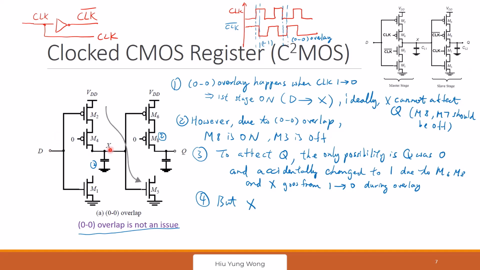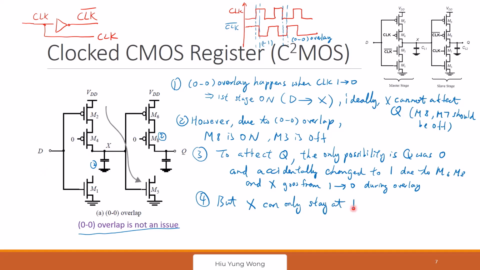If the data change, it might change X, but it's impossible because X was at 1. So no matter how the D changes, you cannot change X from 1 to 0 because it is still 1, right? X can only stay at 1.